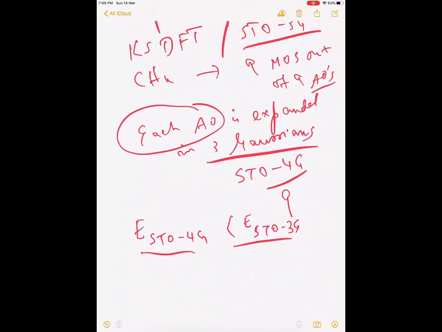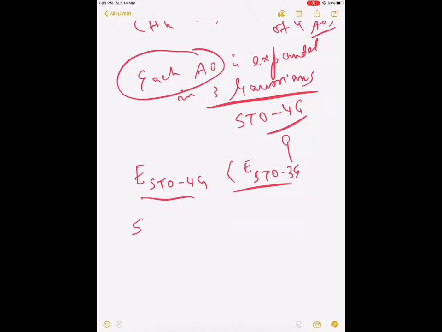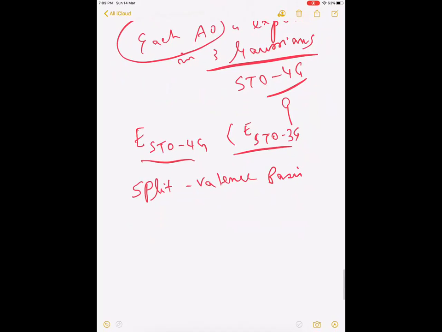We now go to the next basis set, which are the double zeta valence, triple zeta valence. Very often, those are called split valence bases. I just wanted to introduce this term, the split valence. I hope you immediately understand why.